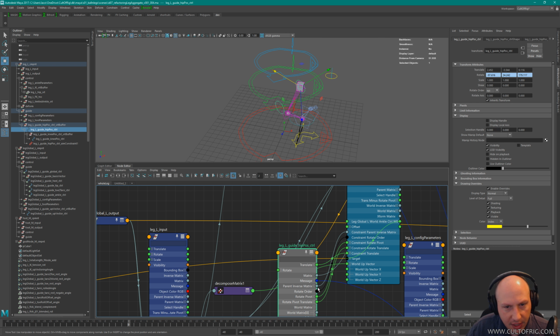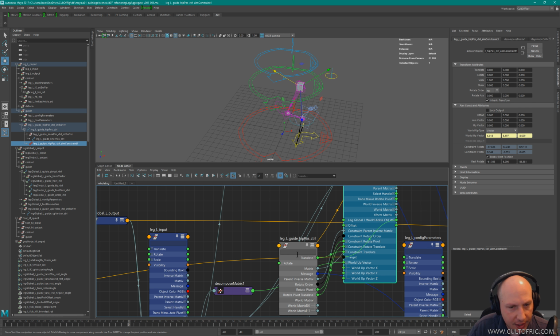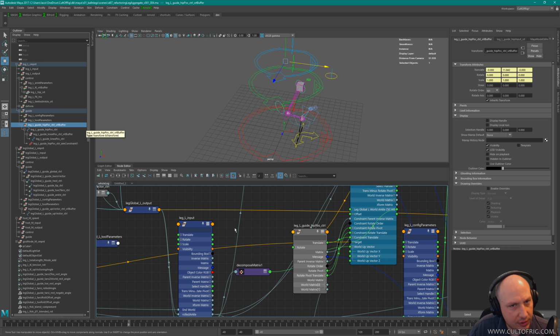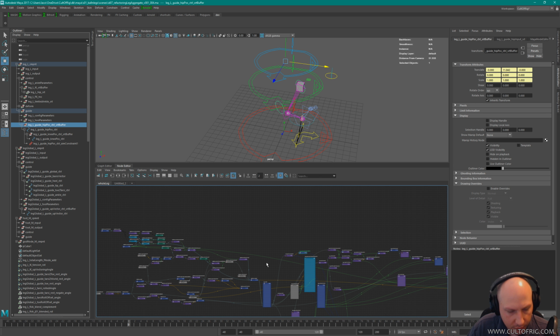It basically means that if you look up the parent inverse matrix from this node, if you reparent it, you don't need to reestablish anything in the constraint. So there is a reasonable enough user space thing that it's trying to solve with that. I don't like it, because it's unlikely that I'm going to reparent these and expect all of the constraints and everything to still work.